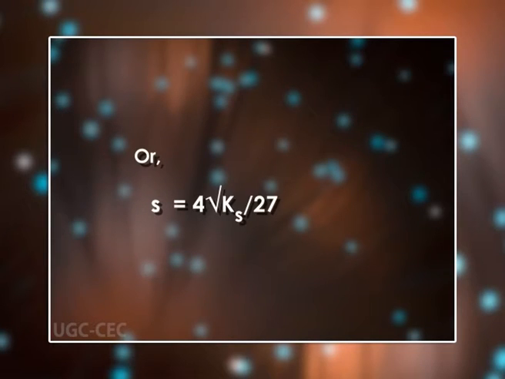Or we can have solubility equal to the fourth root of Ks divided by 27. Thus we derive a relationship between solubility and the solubility product for an electrolyte of the type AB3. We can derive equations for any other type of electrolyte of the type AB, AB2, AB4, etc.